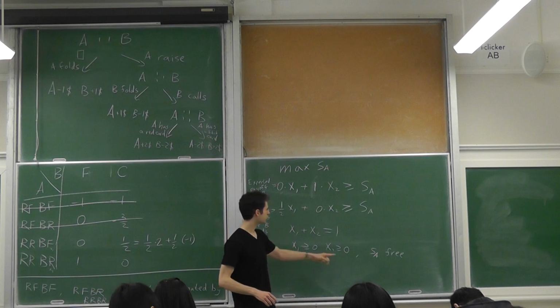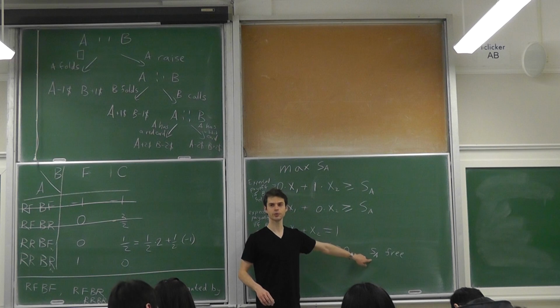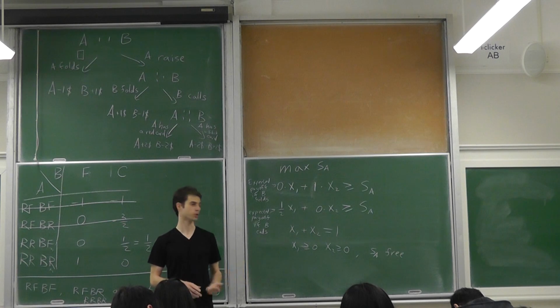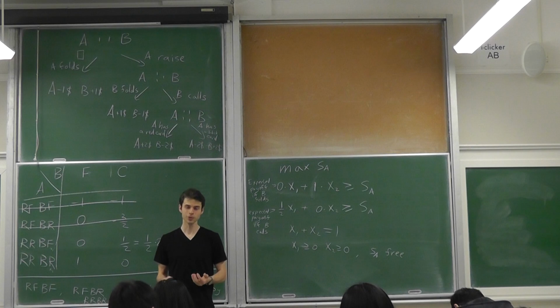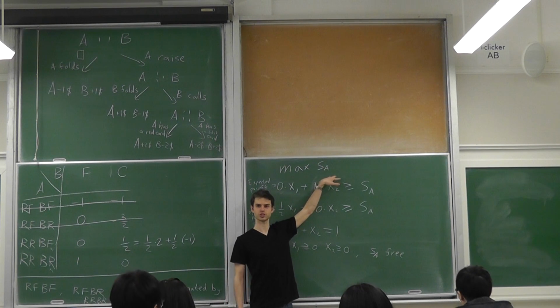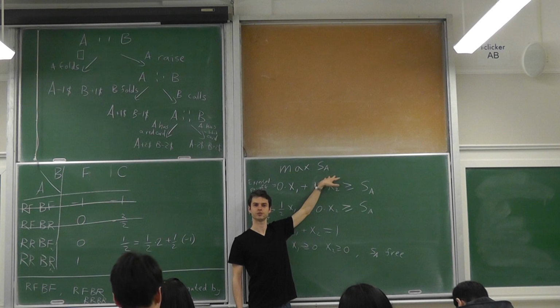So the trick is, this variable is free. What will happen if we assume that it is positive? Well, the problem will become different, but its optimal strategy is not going to become different.